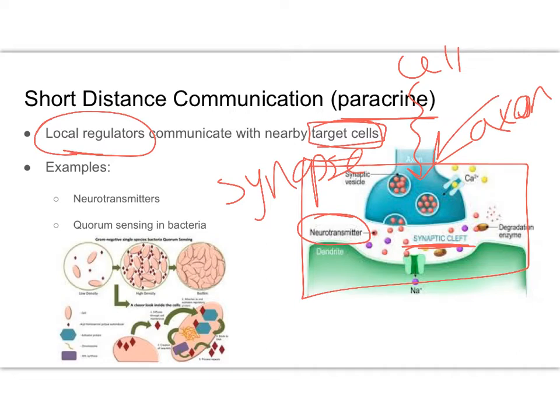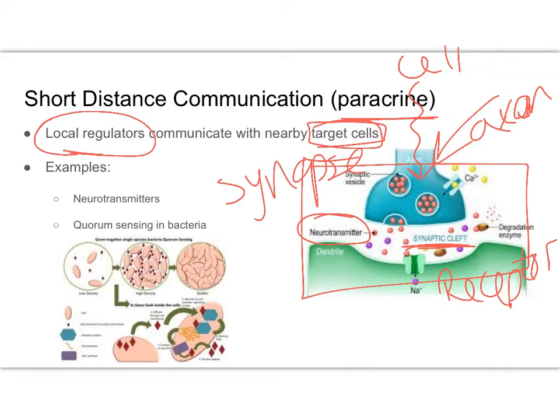So these neurotransmitters are going to travel across the synaptic cleft to the receiving end on the receiving cell on the other side. And there'll be a particular receptor on the other side. And so that receptor is going to be specific, kind of like enzymes were specific. That receptor will be specific for that particular neurotransmitter.